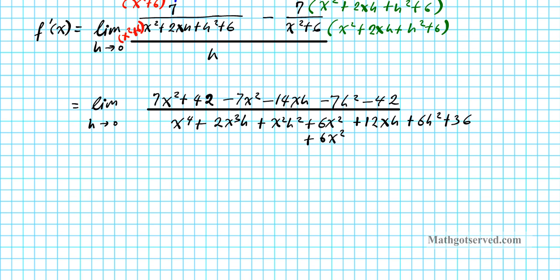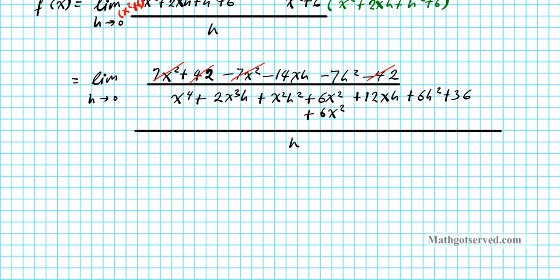Oh, wait, let's not forget the denominator is also h divided by h. Okay? All right. Now, moving along, let's simplify the numerator. If you take a look at the numerator, you notice that we have opposites here. The 7x squares cancel out, and also the 42's cancel out. All right? So now let's simplify further.